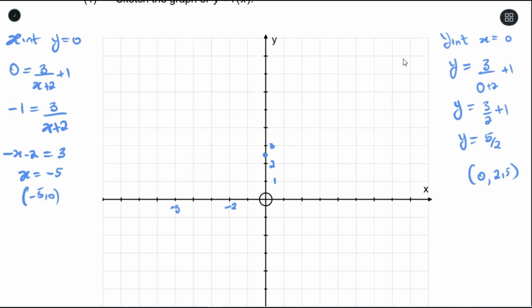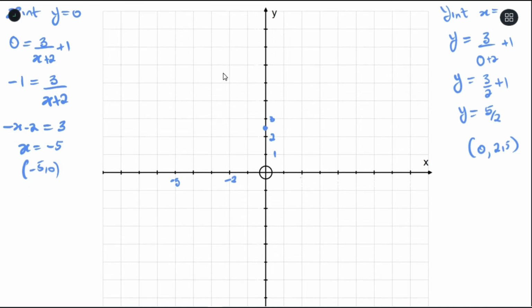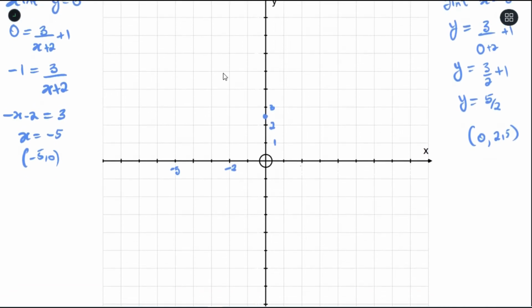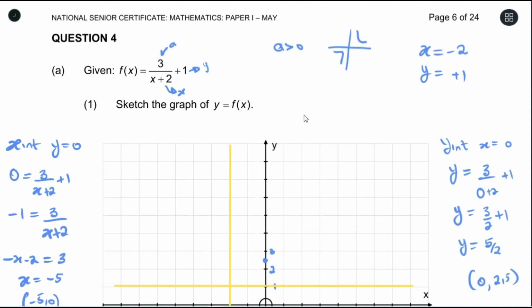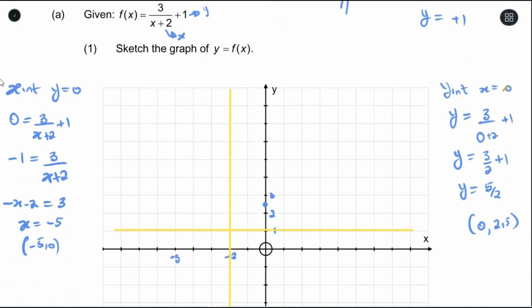So now let's plot all of this. The first thing we'll do is draw our asymptote. So we're going to draw a straight line through this. Then the y asymptote, we'll draw also another straight line. Since we expect our graph to look like this, put this at the back of your mind when you're drawing.